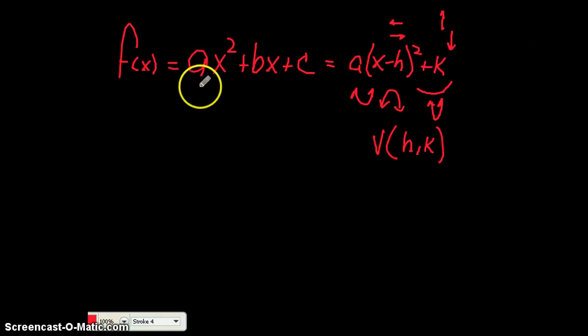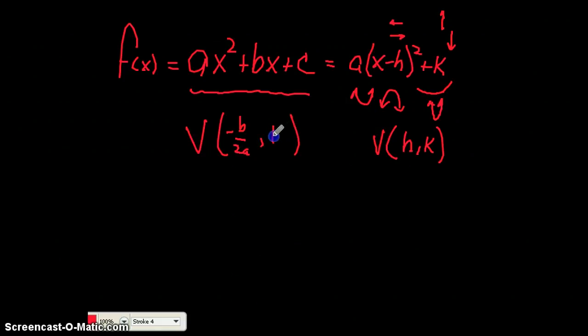Now what if we have a quadratic given to us in the standard form? You need to remember the little formula for the vertex. The vertex is h, which is negative b over 2a, and then the k. I'll show you a real quick example.